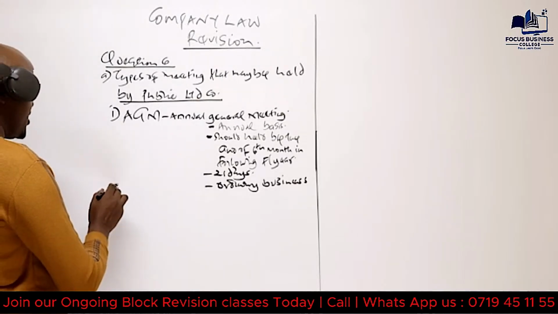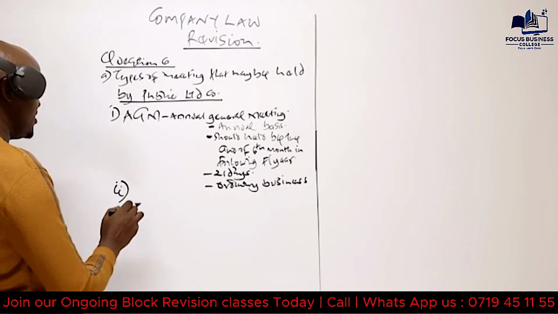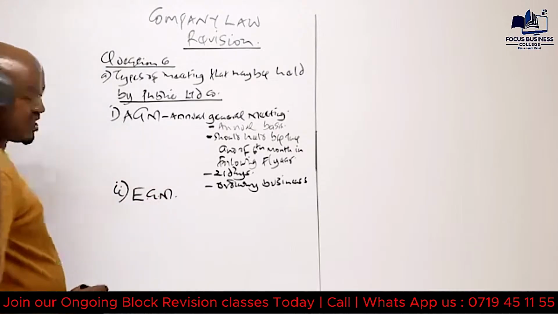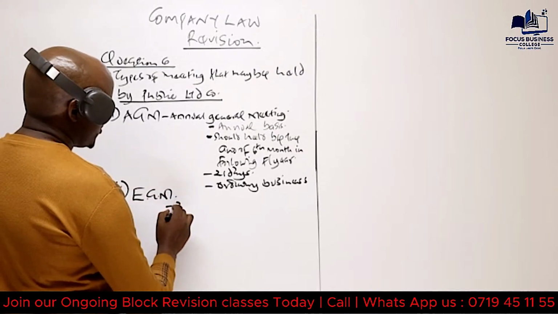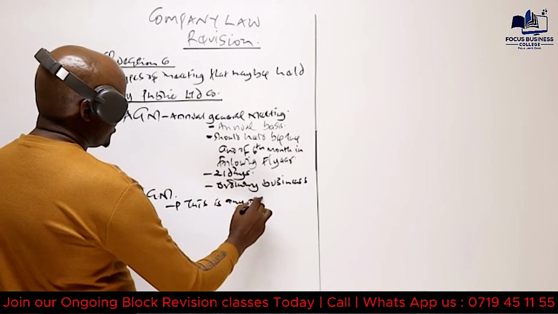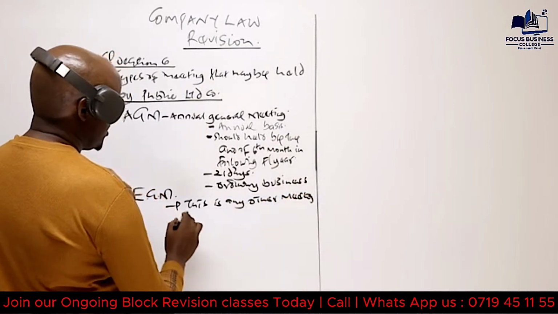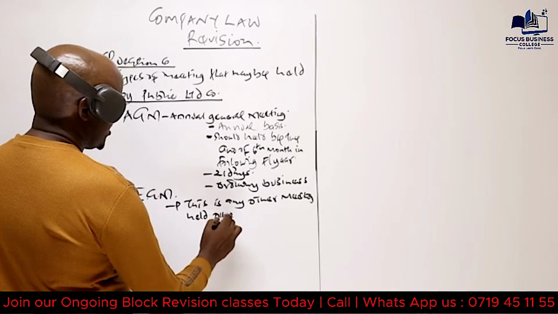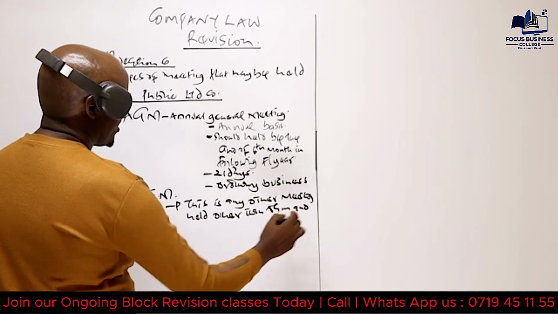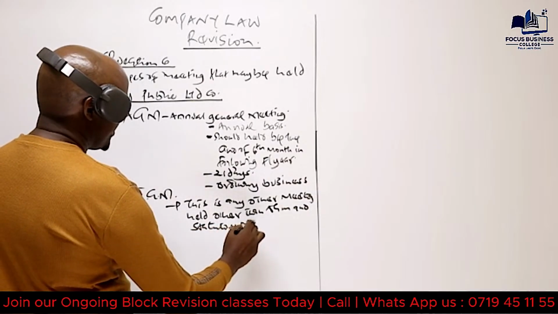The other type of meeting which may be held by this company is the EGM, extraordinary general meeting. We say that this is any meeting held other than the AGM and also the statutory meeting.